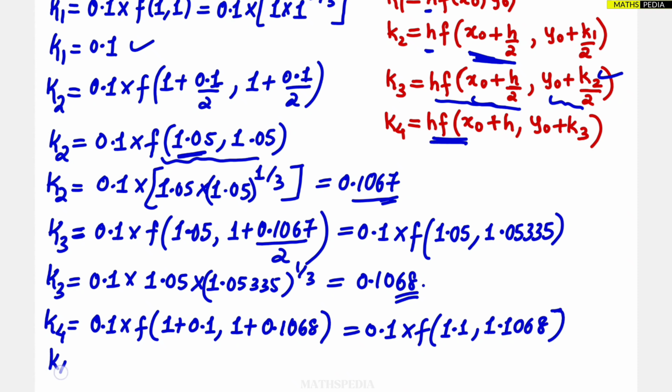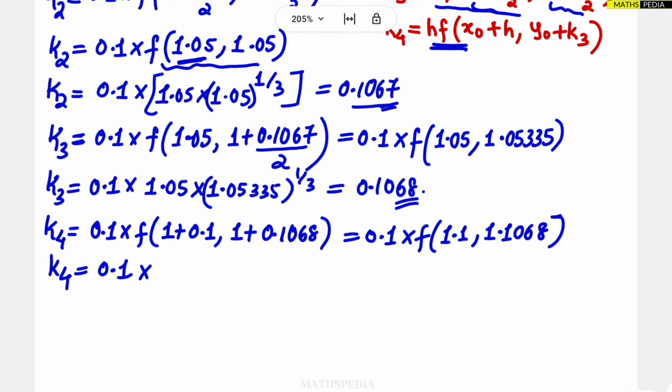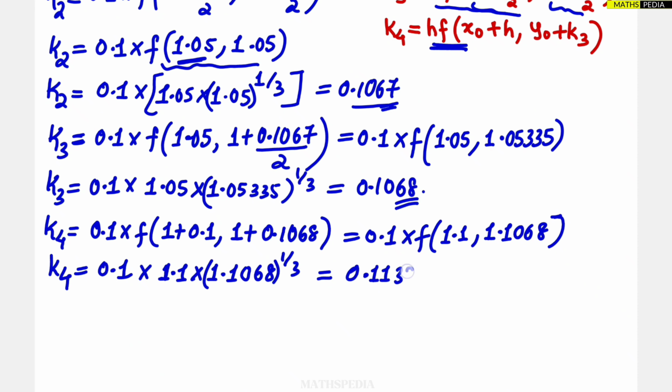Now in the function you have to substitute: 0.1 as it is, into the function, we know it is xy power 1 by 3. So 1.1 into 1.1068 power 1 by 3. The answer of this will be 0.1138. So K4 value also done.